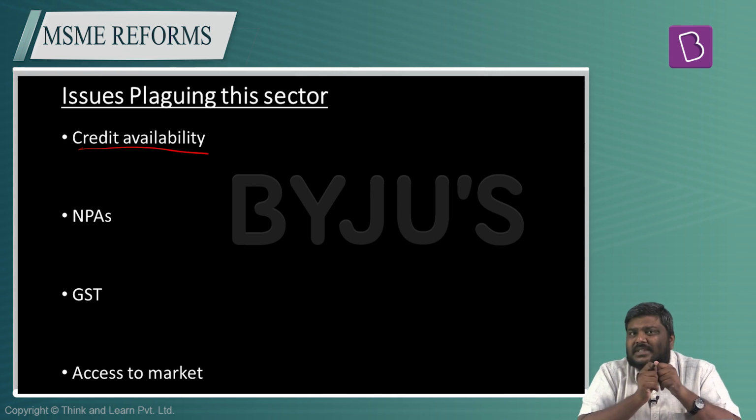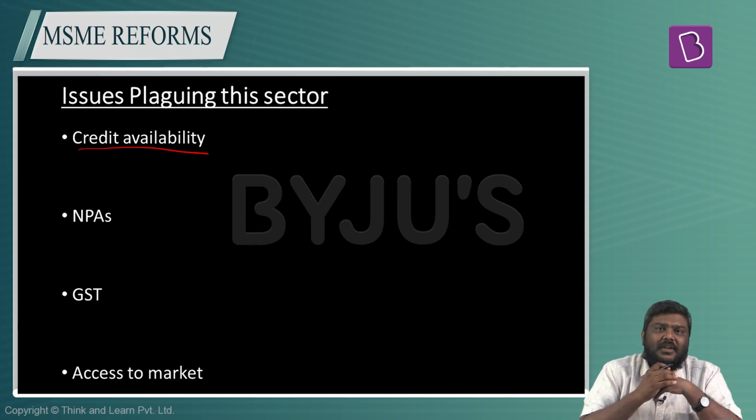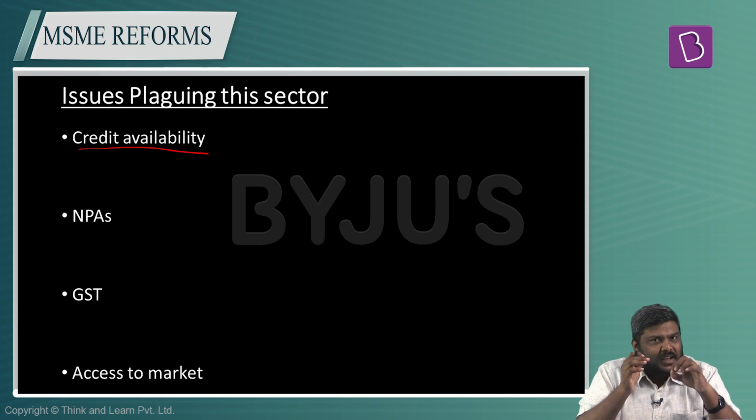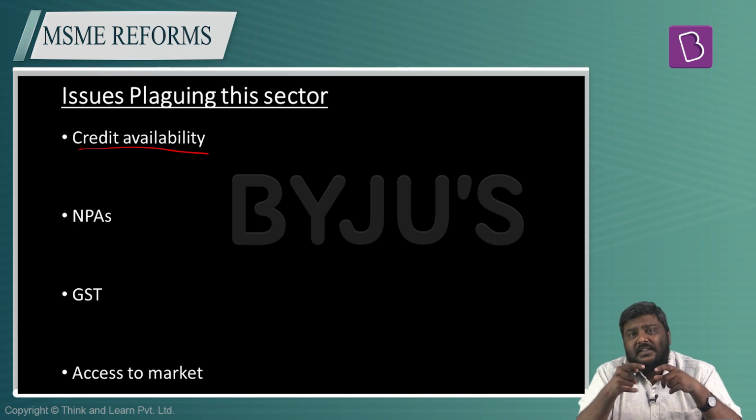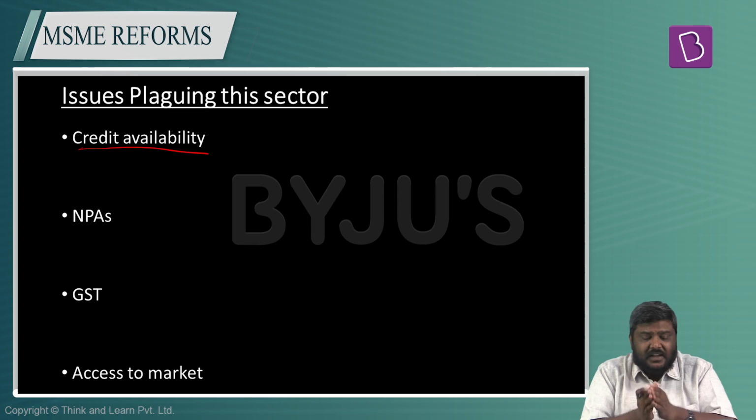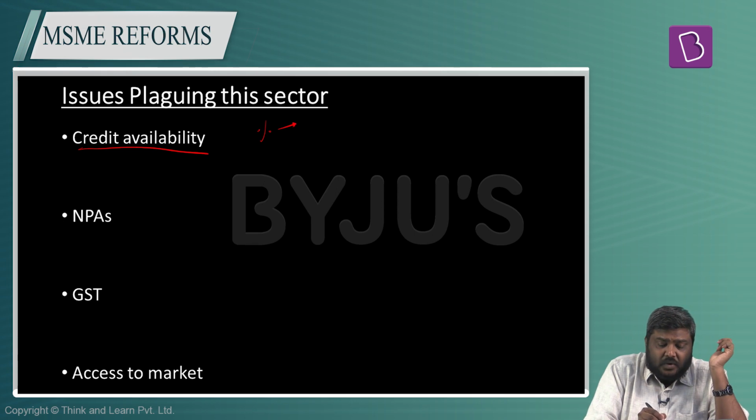That is the precise reason it has been seen that in the last couple of years, out of the total credit flowing to the MSME sector, the credit from the banking sector has reduced, whereas the credit from NBFCs has increased. And when I say credit, it is the percentage out of the total credit flowing to the MSME sector.